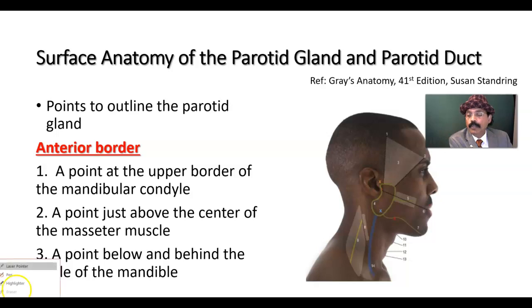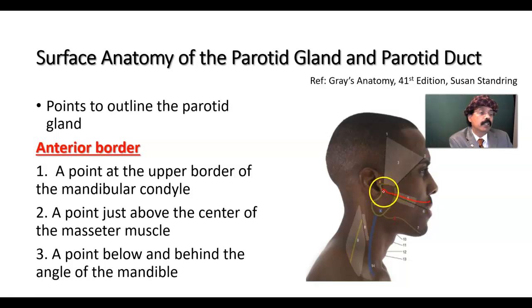Another point is midway between the red margin of the upper lip and the ala of the nose, so our point should be here. If we draw a line from here up to that, the middle third will represent the parotid duct.